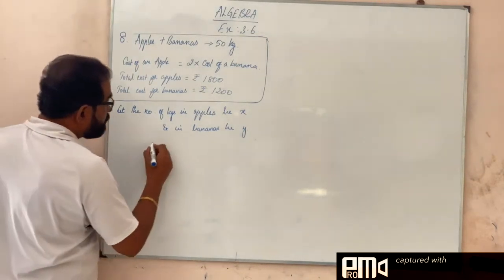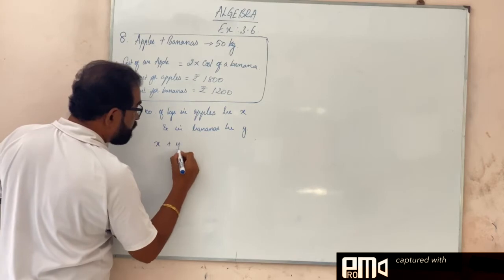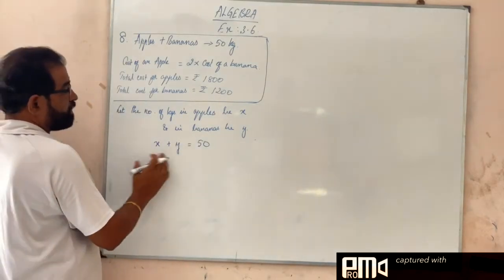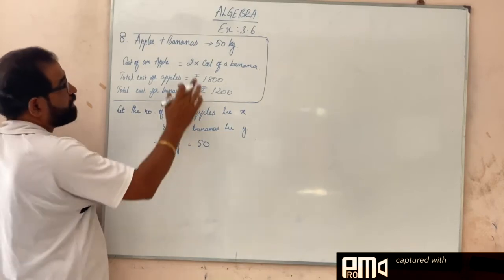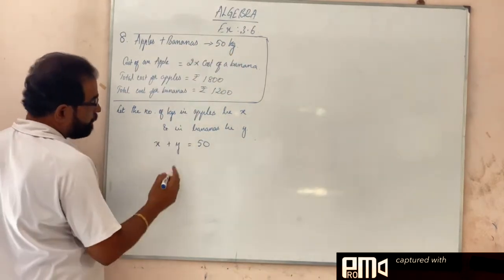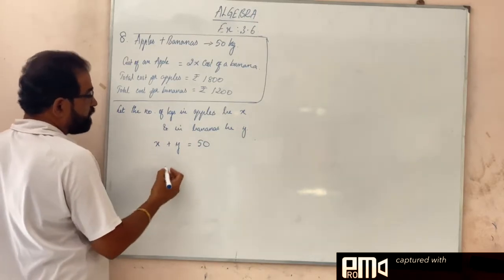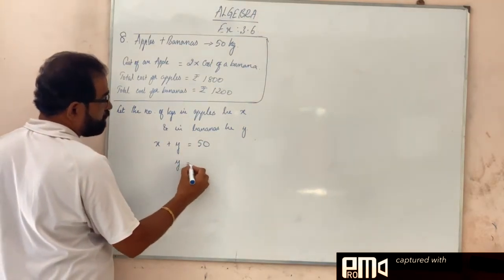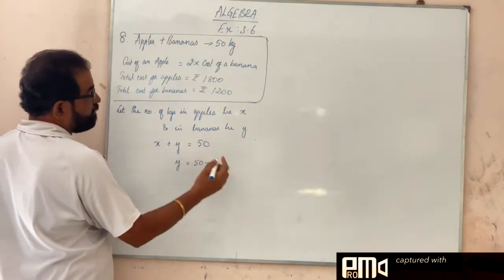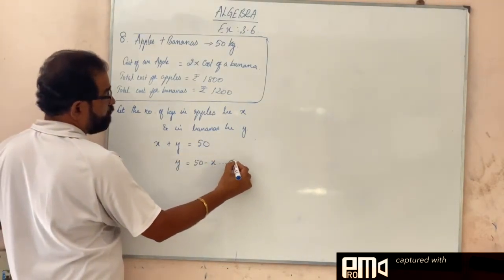Together she bought 50 kg, so x plus y is equal to 50. Or if you want to convert this to one variable, we write y is equal to 50 minus x. I keep this as equation number 1.